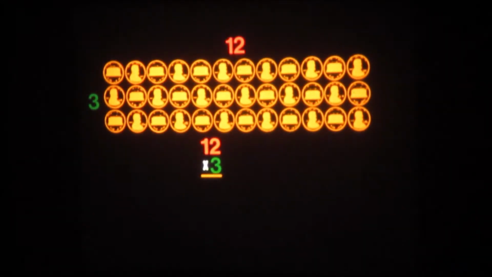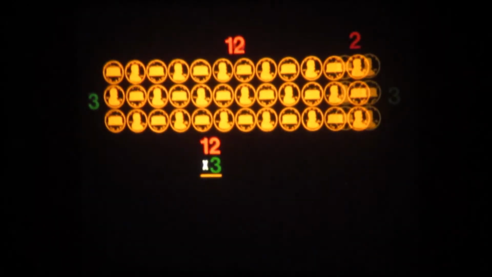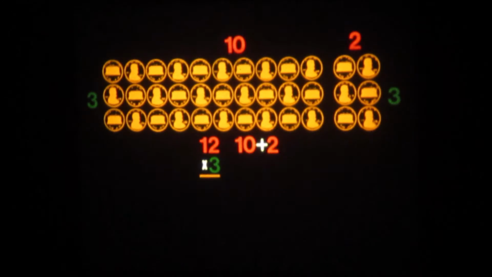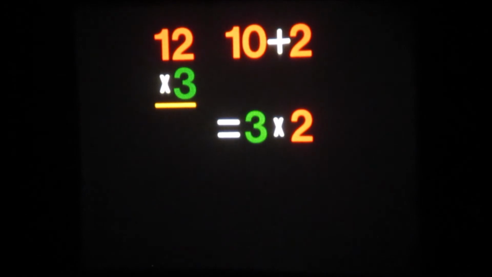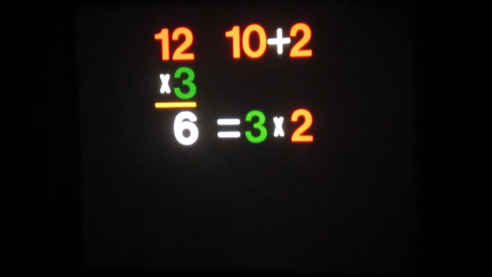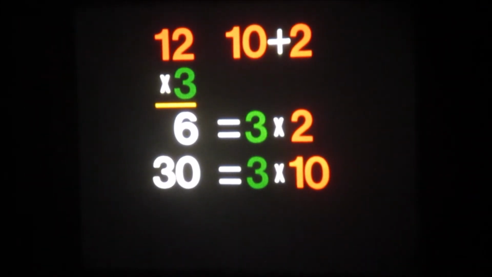Well, 12 is really 1 ten and 2 ones, isn't it? And we're going to multiply 3 times each one of them. So first, we multiply 3 times 2 and put the product 6 under the ones place. Then we multiply 3 times 10 and put the product 30 under the tens place.